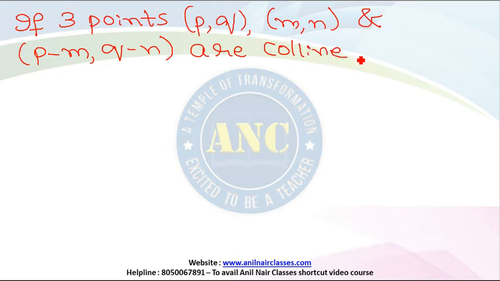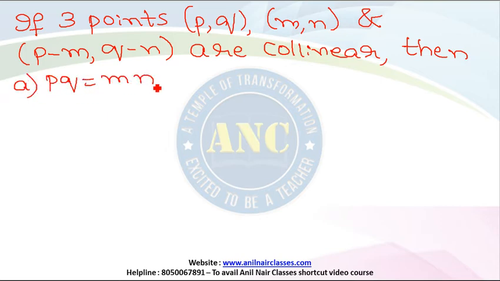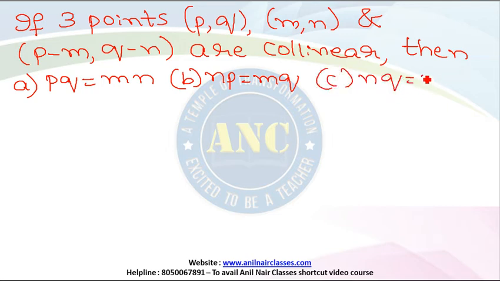If the 3 points are collinear, that means these given 3 points lie on the same line. Then which of these 3 conditions is satisfied? First condition is PQ is equal to MN. Second condition is NP is equal to MQ, and the third condition is NQ is equal to MP. Which of these three conditions will be satisfied?